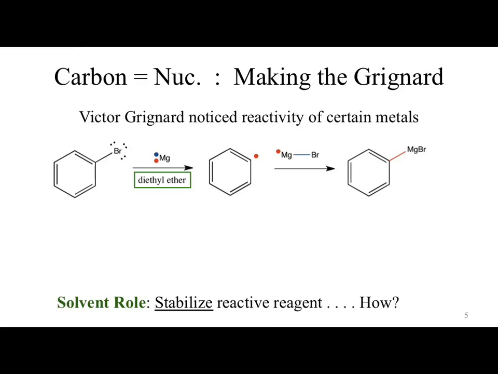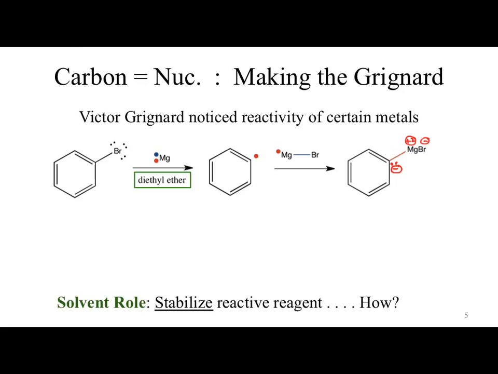solvent role. Our solvent needs to stabilize our reactive intermediate. Okay? So our reactive intermediate was ultimately our negatively charged carbon. Okay? And officially our positively charged magnesium and our negatively charged bromine. What kind of solvent would stabilize those charges?